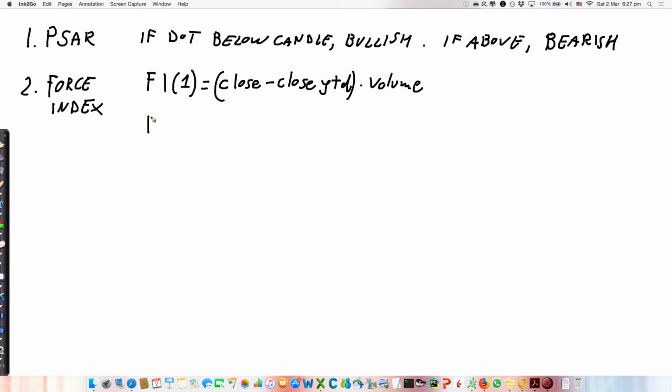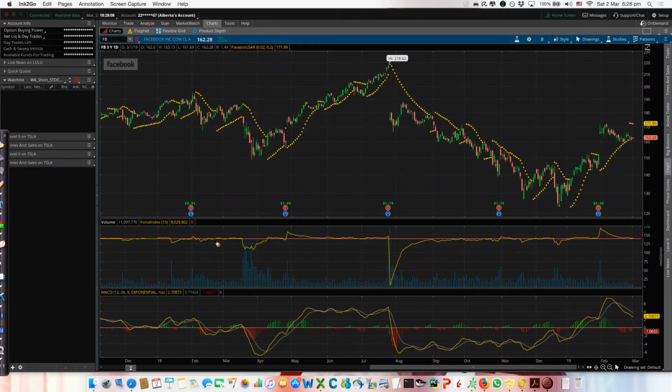And the force index 13, that is what we usually use as default, is basically the exponential moving average of the force index 1. So what you see here on the graph is basically the force index 13.